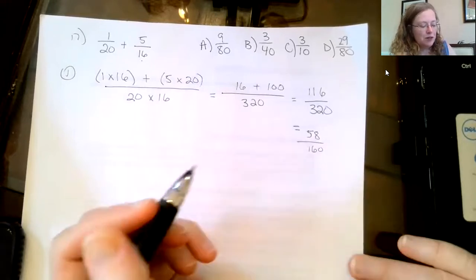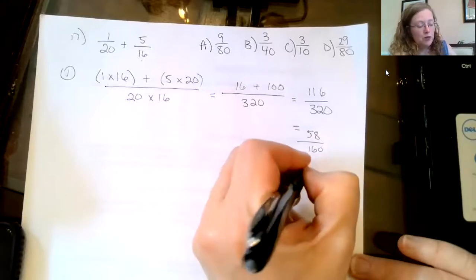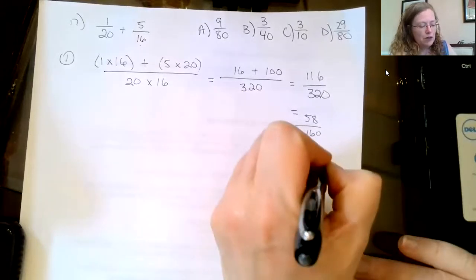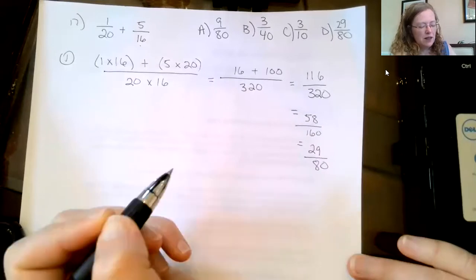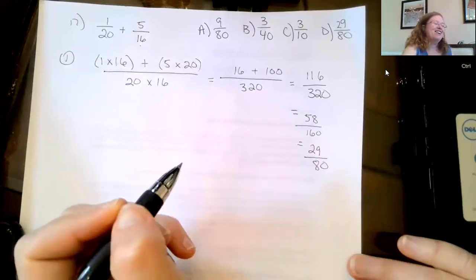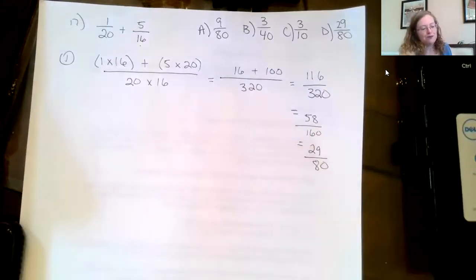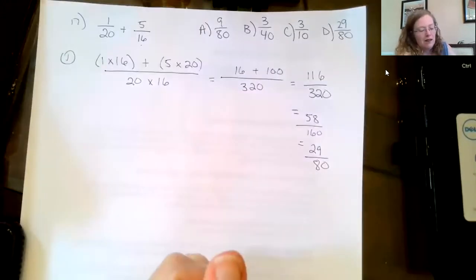Nope, still not small enough. Another 2 would be 29 over 80. And what did I say earlier? 29 is prime. So, oh, and it matches letter D. So we're done at this point, and you have the answer.